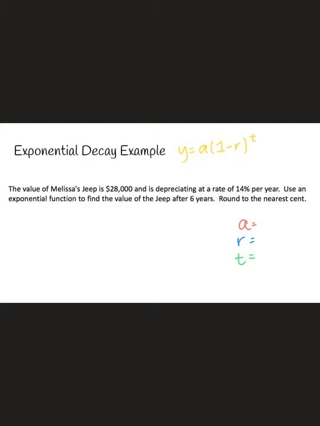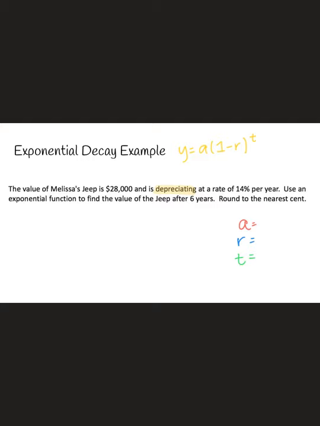The value of Melissa's Jeep is $28,000 and is depreciating. That's our keyword. We know that it's decay because it's depreciating, getting smaller, at a rate of 14% per year. Use an exponential function to find the value of the Jeep after 6 years.